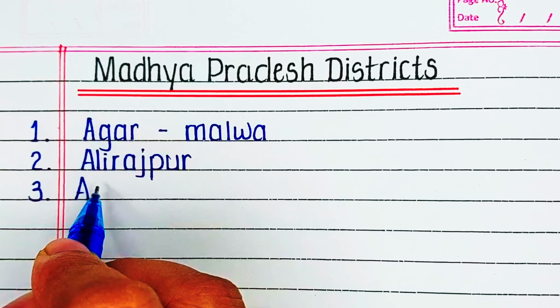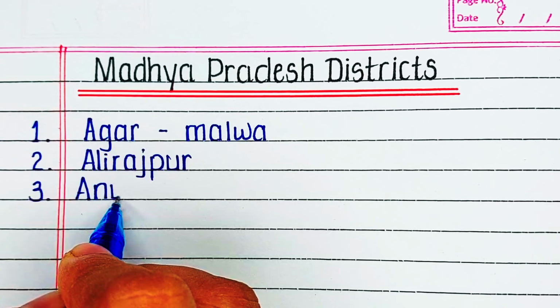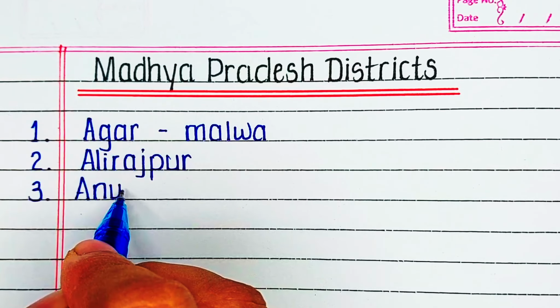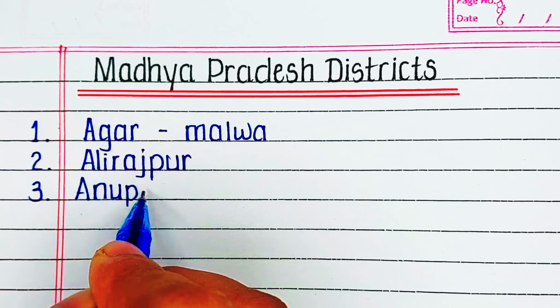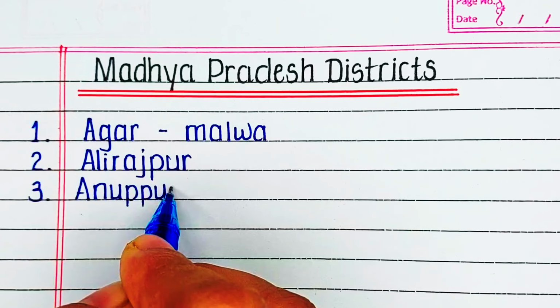Now, let's start learning the name of these districts one by one. First one is Agar Malwa. Next district is Alirajpur. Next district is Anuppur.